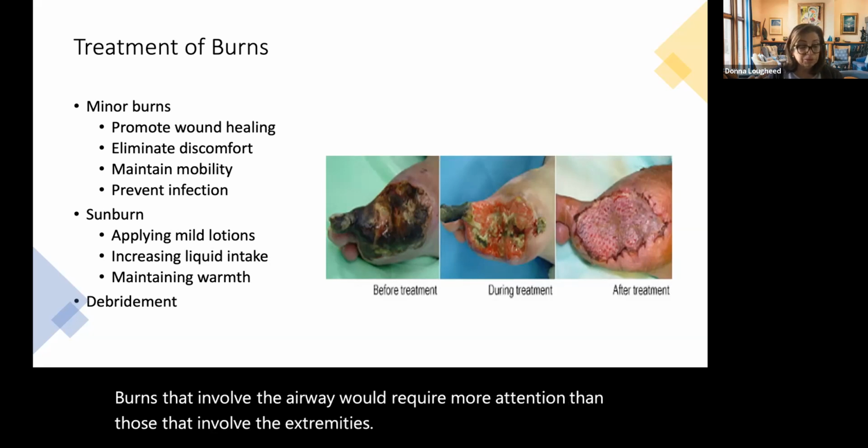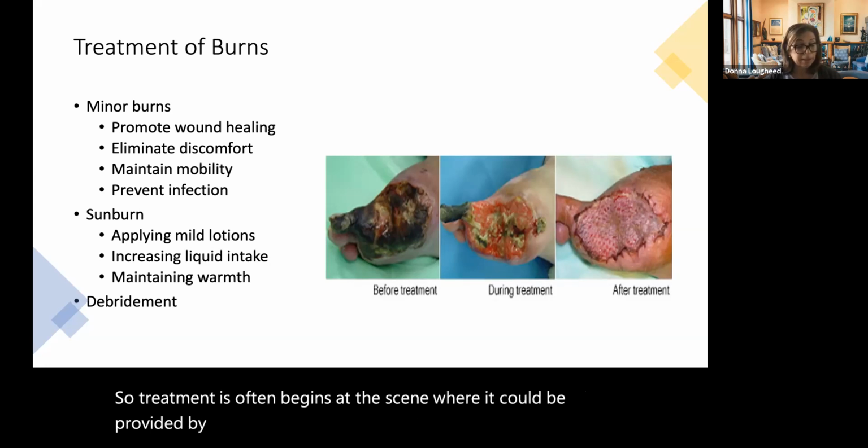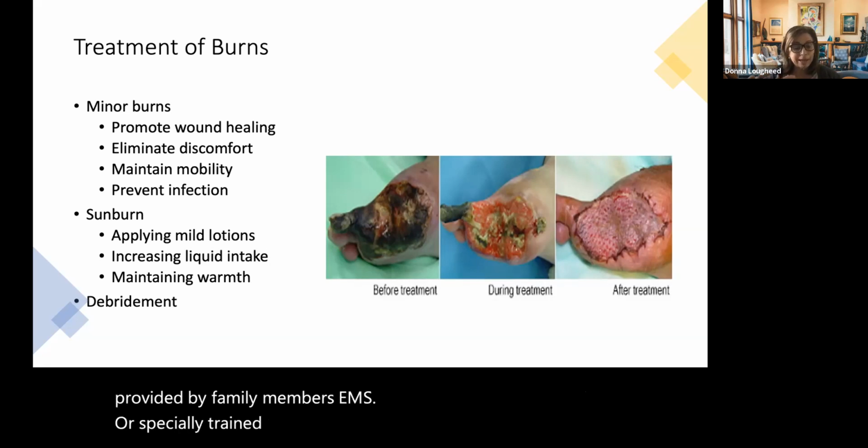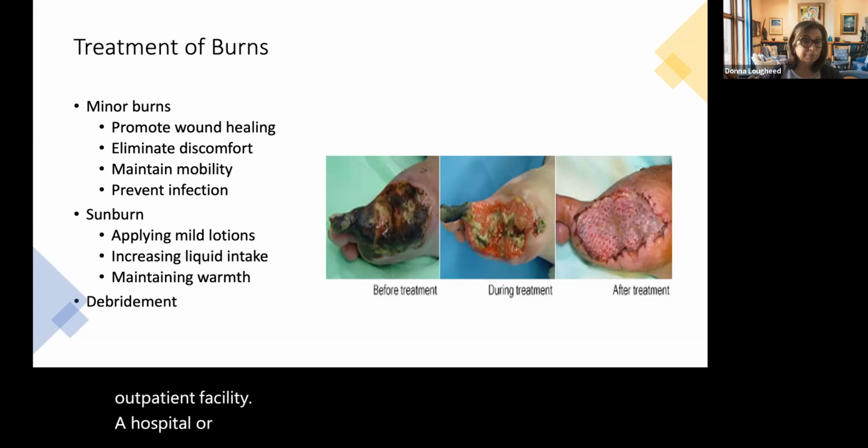Treatment often begins at the scene, where it could be provided by family members, EMS, or specially trained personnel in an occupational setting. Later, the patient may receive advanced treatment in an outpatient facility, a hospital, or burn center.